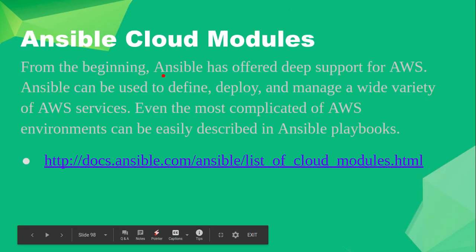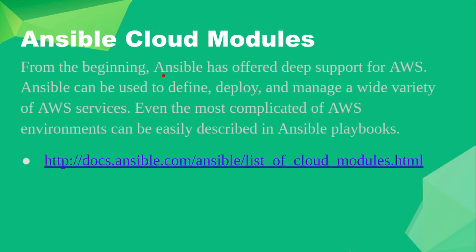From the beginning, Ansible has offered deep support for AWS. Ansible can be used to define, deploy and manage a wide variety of AWS services. Even the most complicated AWS environment can be easily described in Ansible playbooks. So we can definitely interact with the clouds very easily using Ansible.